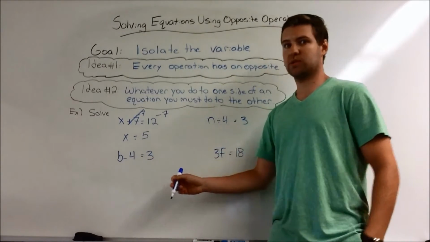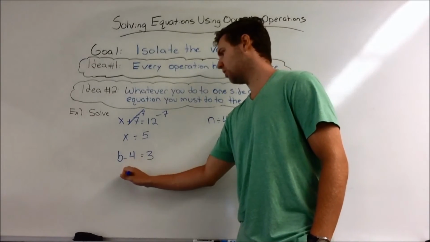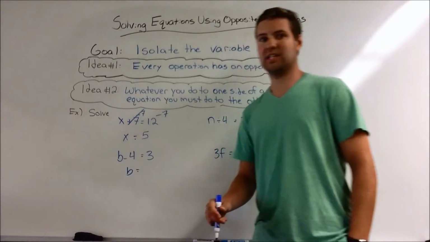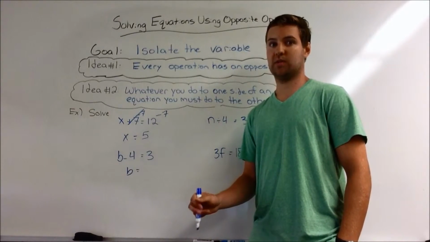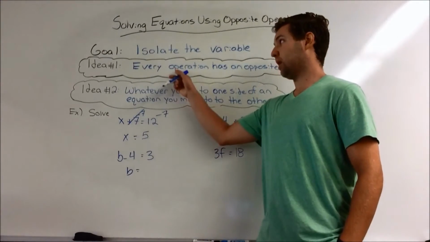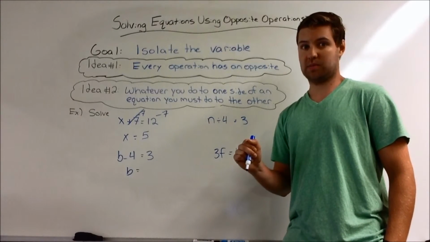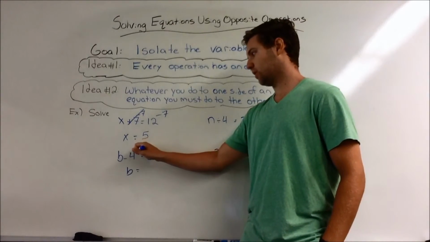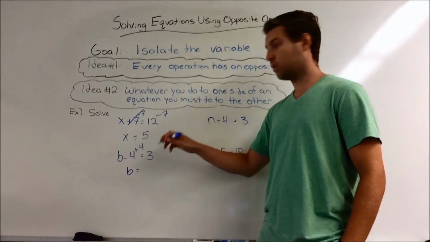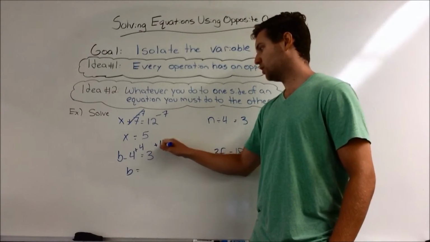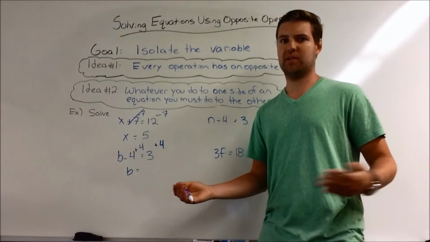b minus 4 equals 3. So remember, our goal is to isolate the variable, get it alone, but it has this minus 4 on the side with the b. Idea number 1 says every operation has an opposite. The opposite of subtracting 4 is adding 4, but I have to do it to both sides of the equation. So I also do it to my other side of the equation so we can stay in balance.